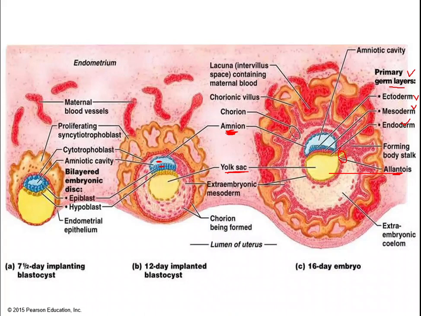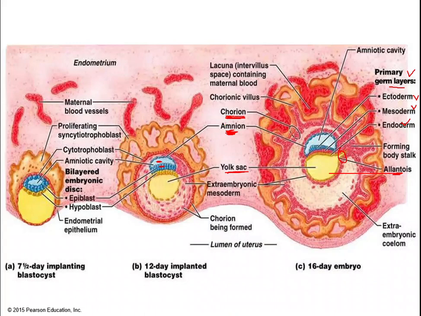And finally, I want to talk about the last and outermost extraembryonic membrane. It is called the chorion. If you have been following this lecture, you will remember that I said the trophoblast cells that we started off with when we were talking about the blastocyst at its initial stage will give rise to the chorion.